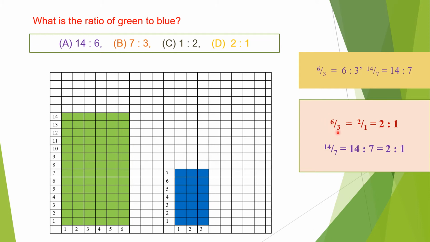The highest common factor, as we said before, is the highest number that can go into 6 and 3 without leaving a remainder. And this is the reason why we wrote it as a fraction first, so that we can do the mathematics and reduce it to its lowest form before we write it as a ratio.